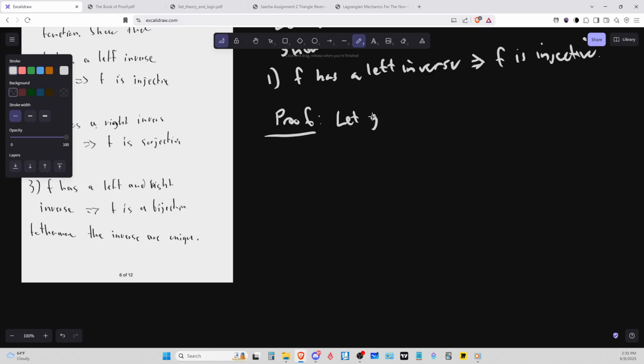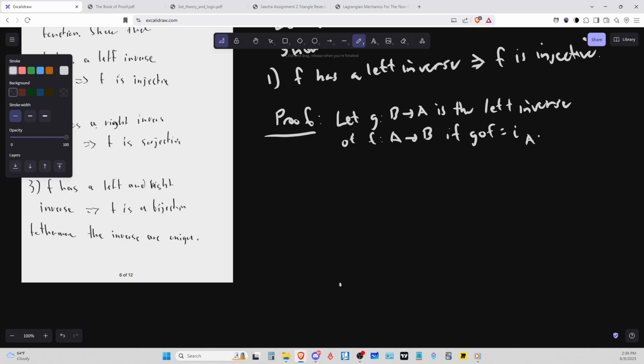Let g be a function from B to A. It is the left inverse of f from A to B if g composed with f is equal to the identity of A. Okay, now the interesting part: filling out the middle.